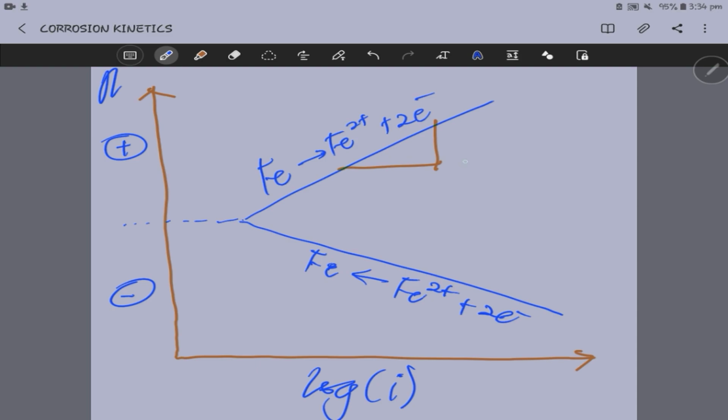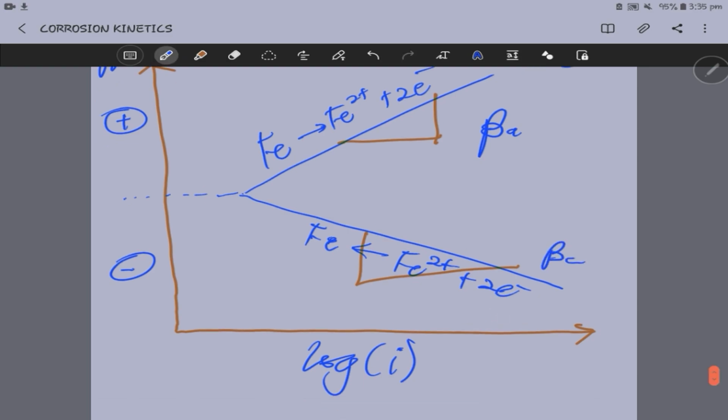We get a positive slope, which is something like this, B. For the anodic side, just write beta A. For this side, you see it has a negative slope, and the slope for this one here is beta cathodic. These are symbols, right?